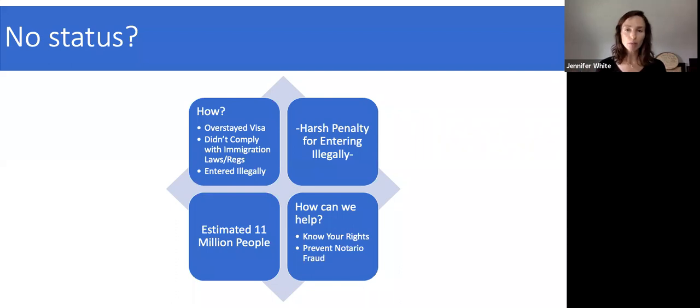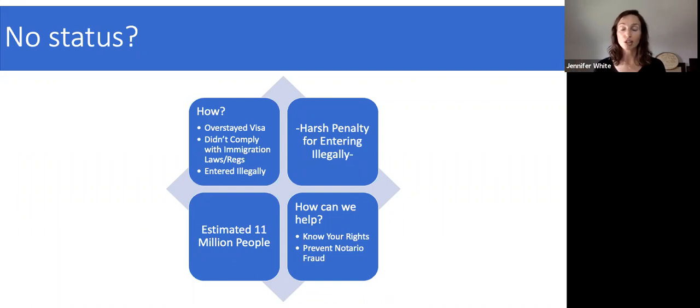A second way we can help this population is by educating them to prevent notario fraud. Notario fraud is something that is a very sad reality in the US. Basically, people pose as immigration advocates or attorneys, and they tell people they're eligible for an immigration benefit, submit an application to the government, take all their clients' money, and then the person ends up in an even worse situation than they were before because a fraudulent application is a big deal.